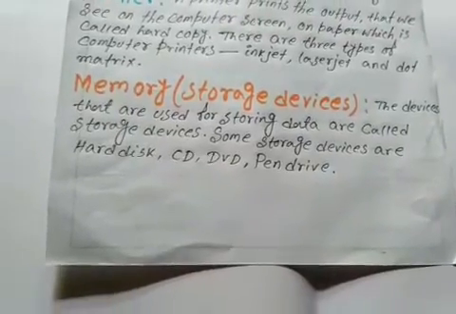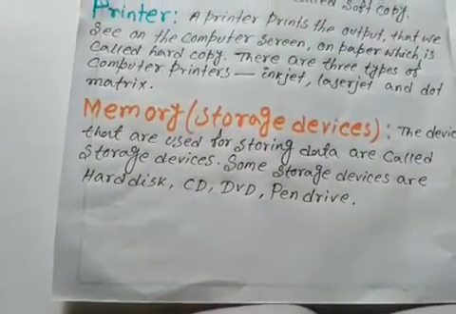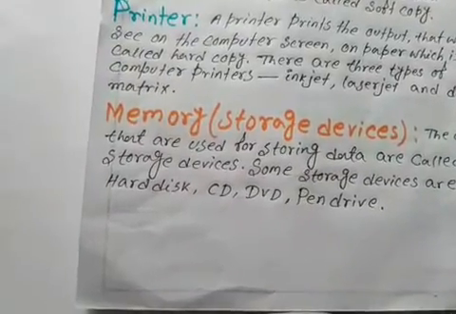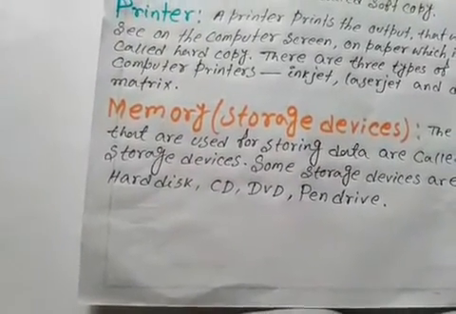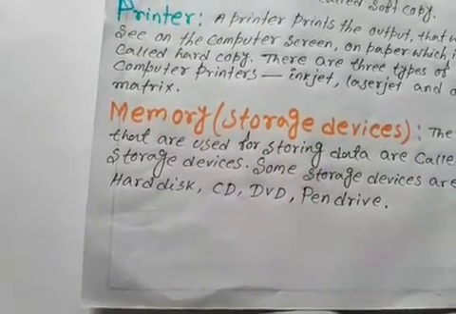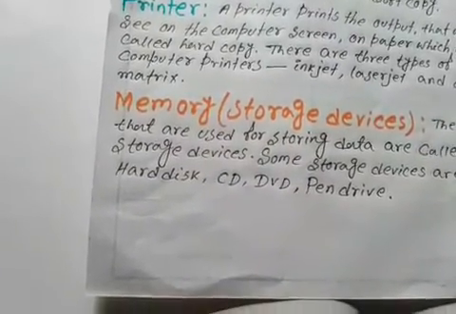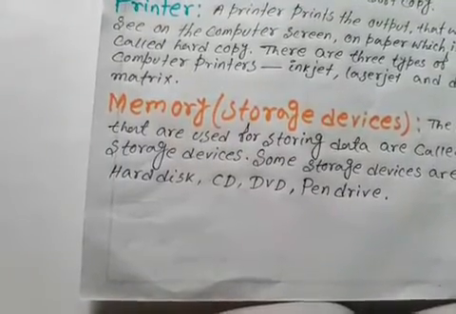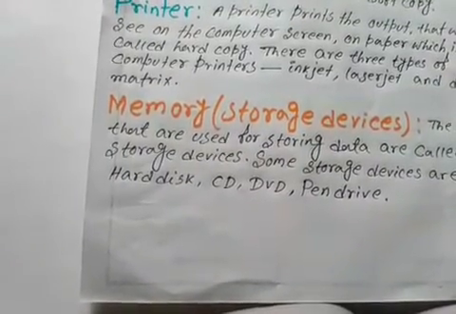Hard disk: a hard disk is a device which stores a huge amount of data and information. All computers have a hard disk installed in them, which is used to store files for the operating system, software programs, and the user's personal files.